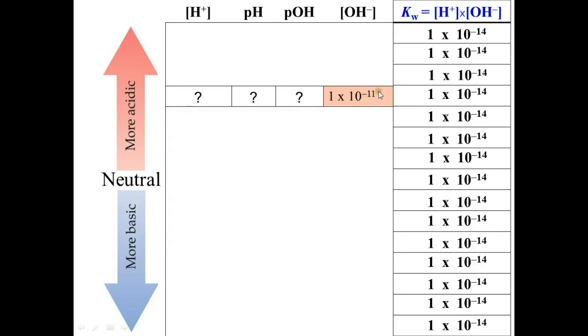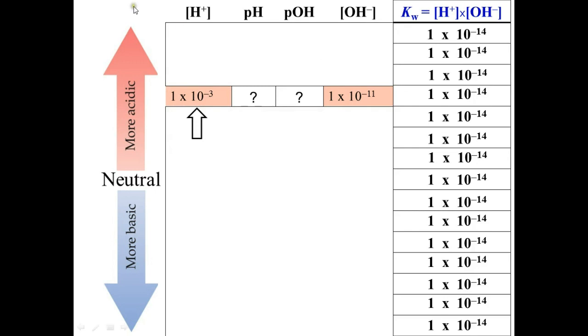So if it's negative 11 plus what equals negative 14? In fact, this is negative 3. Now that we have the exponent, what do we do with it? We attach it to the 10 just like this and multiply by 1. So the correct concentration is 1 times 10 to the negative 3.